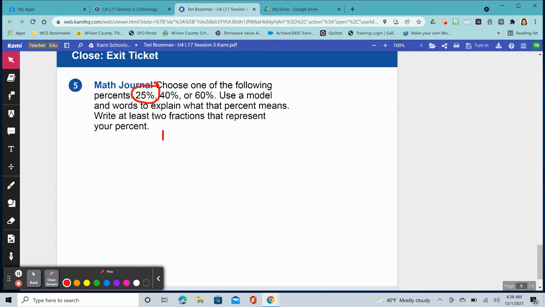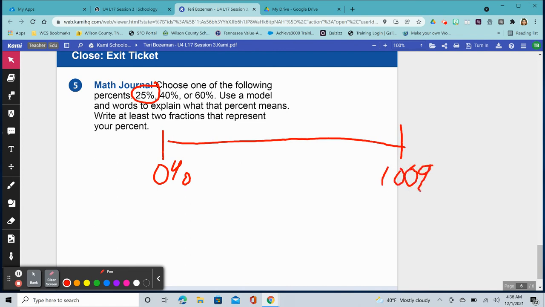Okay, so 0% all the way to 100% is what we usually show in our models, right? If I want to show 25%, I would break this number line up in a way that I could do that. Honestly, I would probably just go by 25s. I know that 25 is a fourth of 100, right?